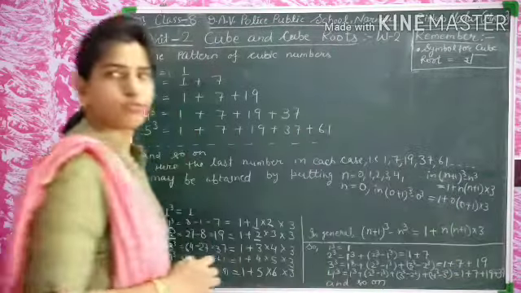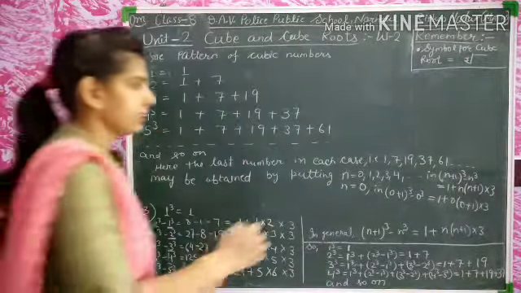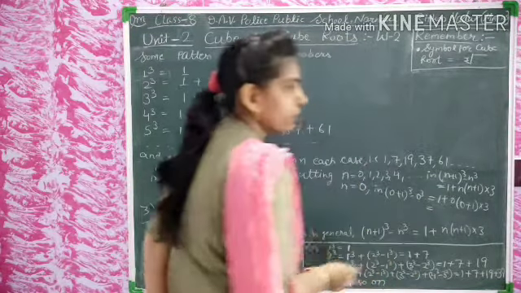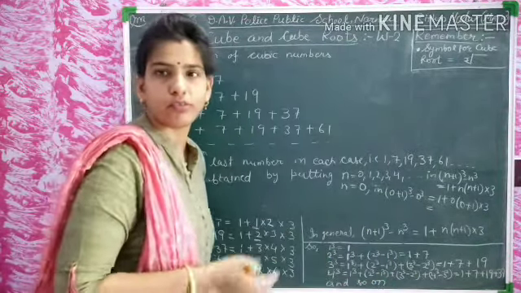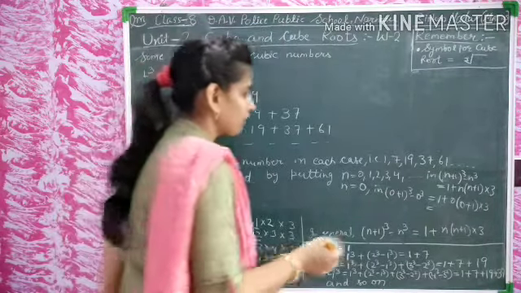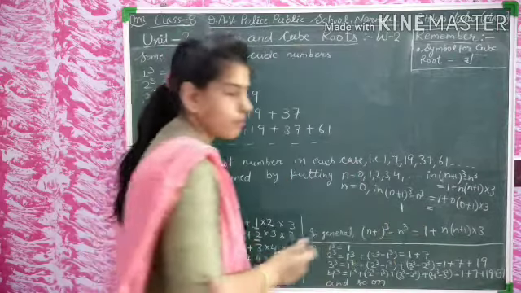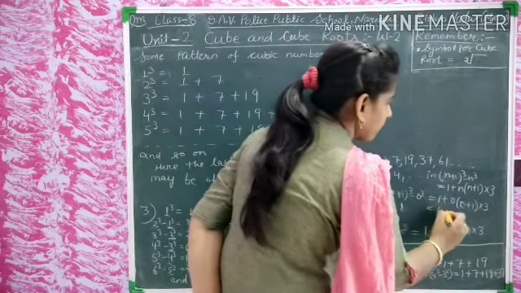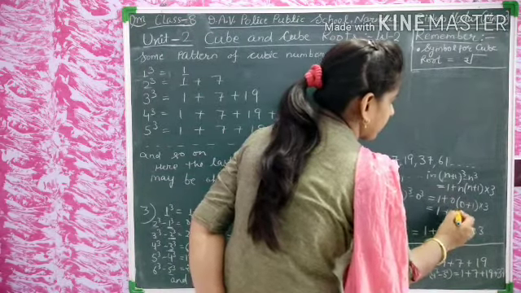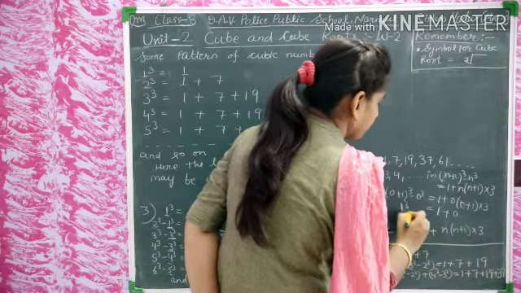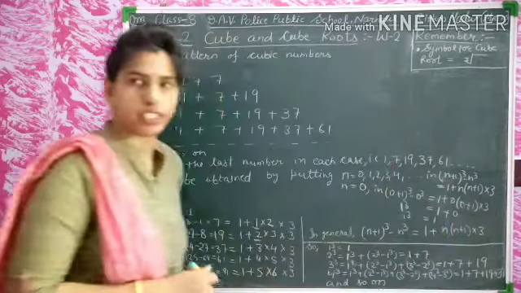And now we will get here that this is equal to 1 minus 0 cube. If 0 is subtracted from any number, then we will get that number itself. And if 0 is multiplied to any number, it becomes 0. It means 1 cube is equal to 1 here.